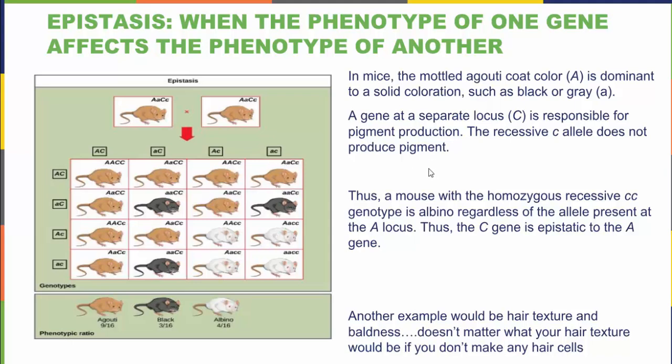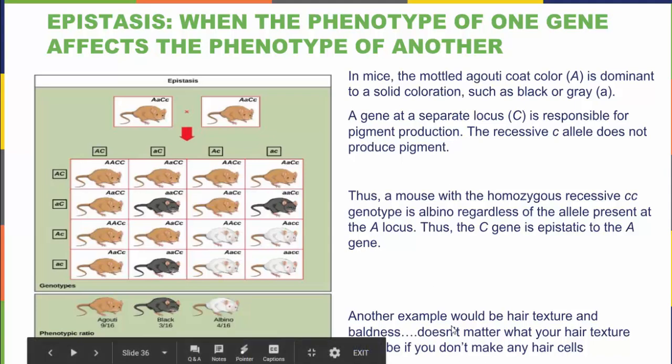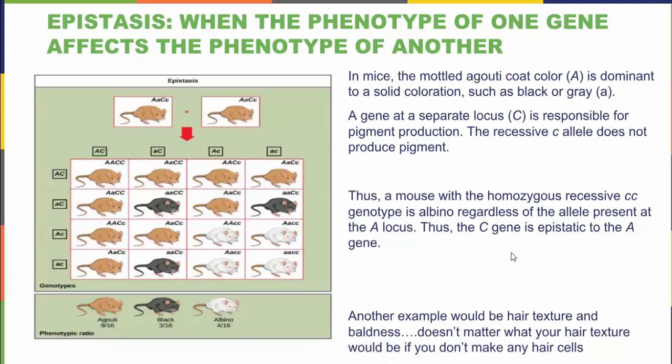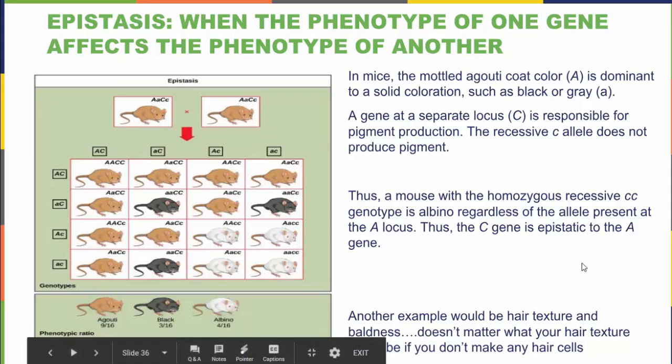I find that the mouse example is nice because you can see the genotypes here, but what I have written at the bottom here will probably make more sense to most of you. So if epistasis means that the phenotype of one gene can interfere with the phenotype of another, let's think about hair texture and baldness.